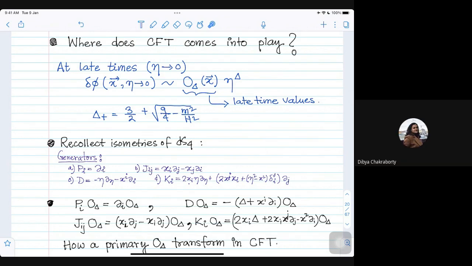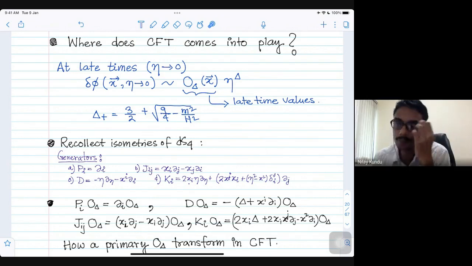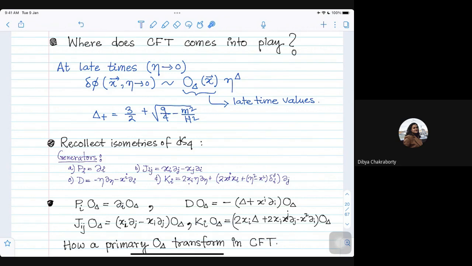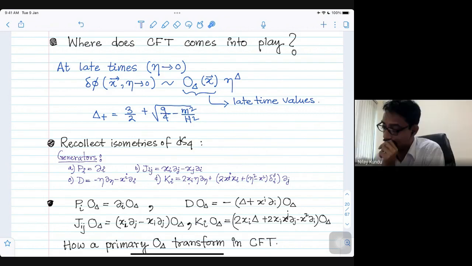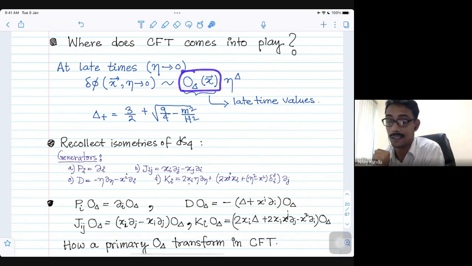Sorry, may I ask a question? Sure. What is the role of this delta operator? Can we relate it to this thing called the anomalous dimension of an operator, if I'm not wrong? Exactly. This delta is called the scaling dimension of this operator O delta in a CFT.